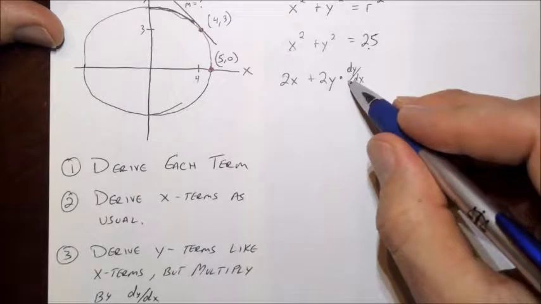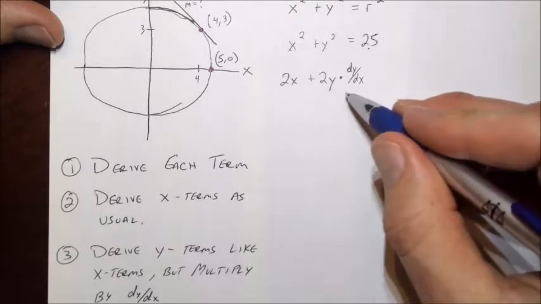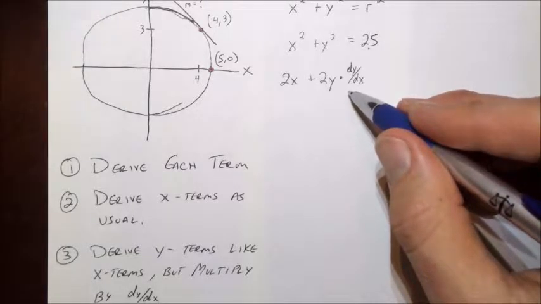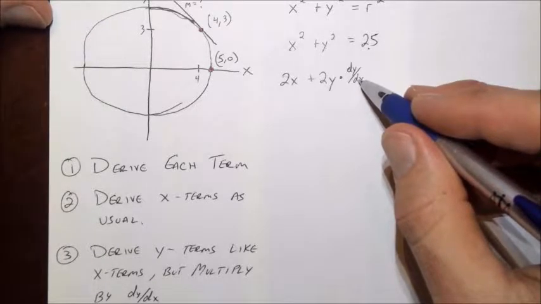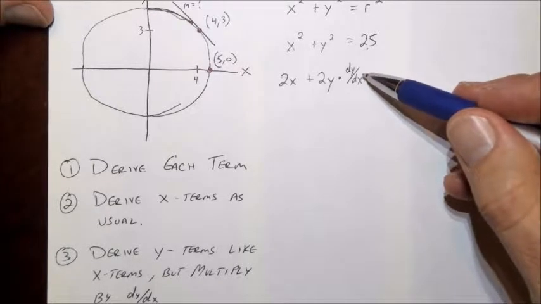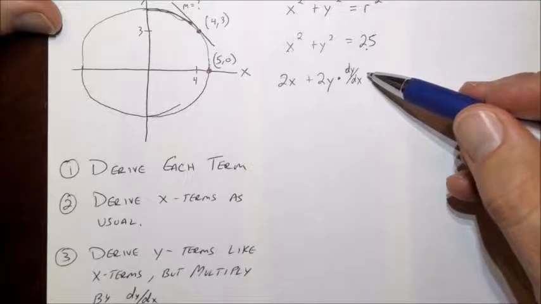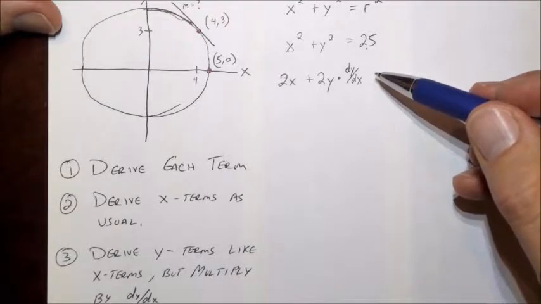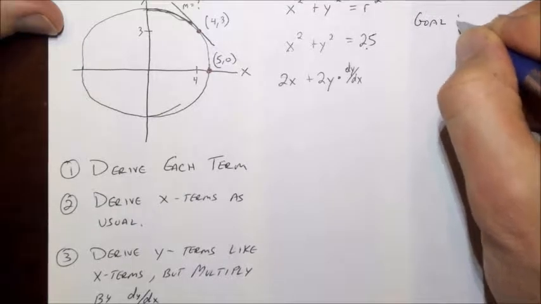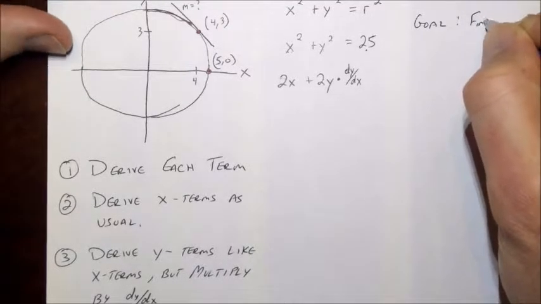So we need a dy dx in our answer. You may think that makes things complicated, but in fact it works out well for us, because dy dx is just another notation for the derivative. So we've now got our derivative notation into our equation, which is good because our goal is to find dy dx.